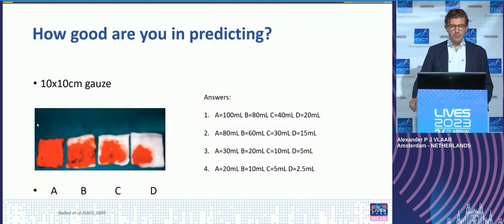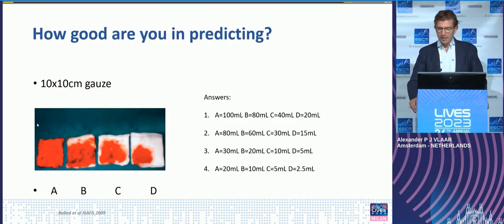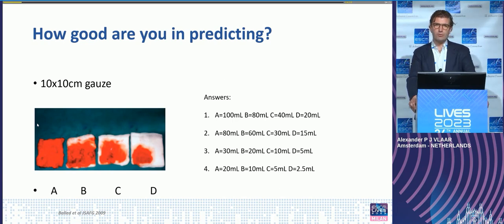First of all, just to get everybody a bit awake after lunch, how good are you at predicting? What do you think is the amount of blood in those gauze? You see it's 10 by 10 centimeter. Do you think from left it's 100 ml to the right 20 ml, or is it more like 80 on the left till 15, or 30 till 5, or 20 to 2.5?